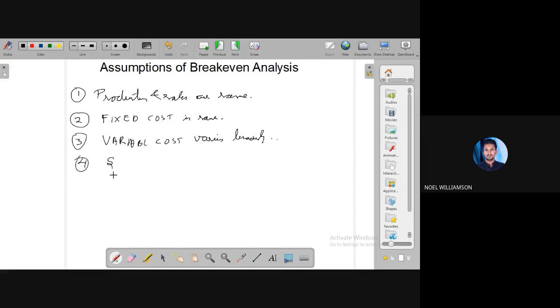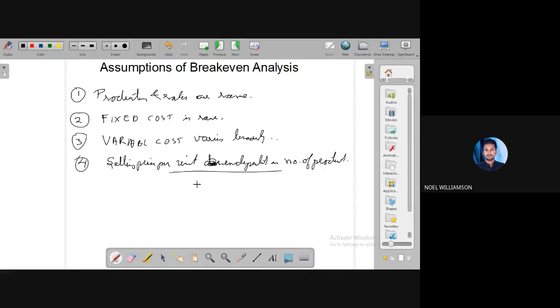So the selling price per unit does not change, or is independent of the number of production.